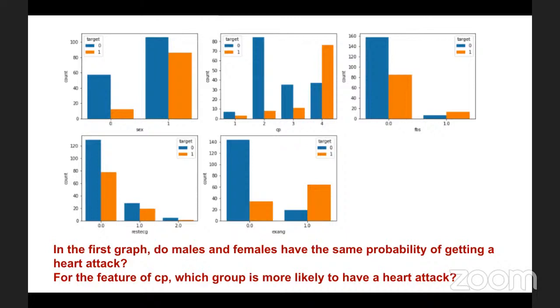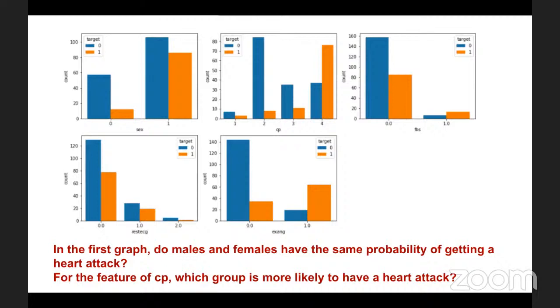More males have a heart attack than females. Females had a heart attack only a small portion here, compared to males, where it's really high. This is the group of females, right? And this is the group of males. Males have more people who had a heart attack, and the females have very few. So we would assume that there's a significant difference. It's affected by gender.